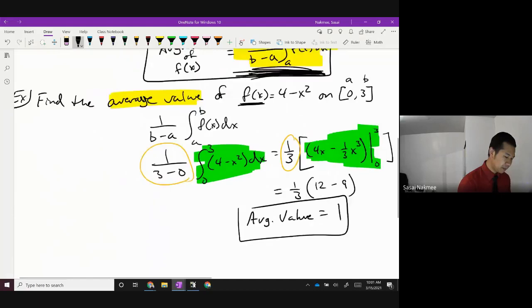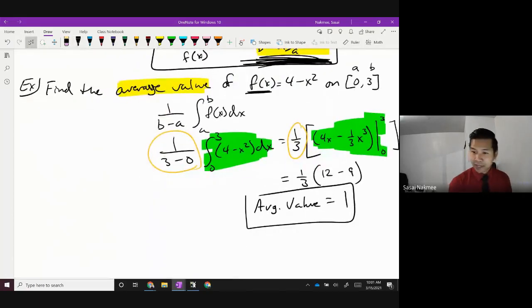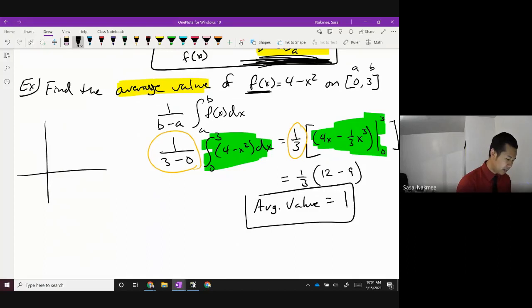Okay? Now, the idea behind this is if I was looking at this function on a graph. 1, 2, 3, 4, and it crosses down here at 2, it looks like. So it looks something like this, going down to here.